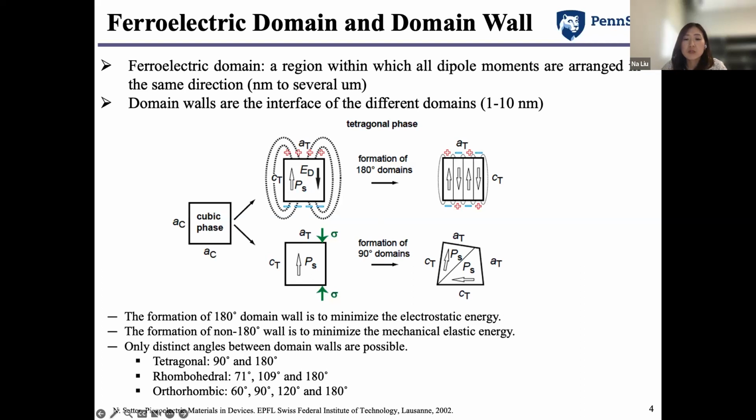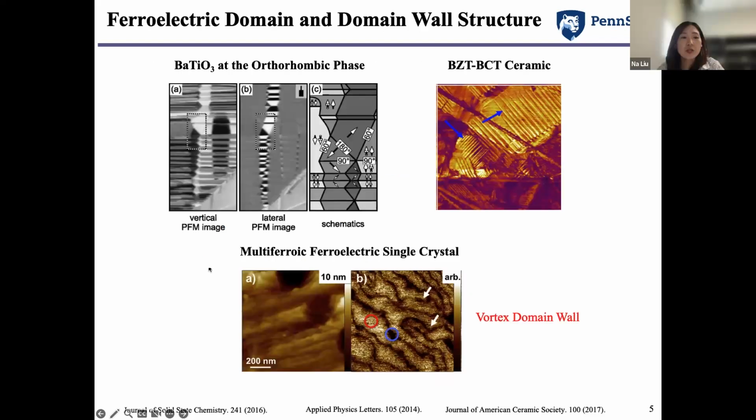In different phases, only distinct angles between domain walls are possible, which are defined by the possible spontaneous polarization axes of the crystal phases. So for each phase in the ferroelectric, the different domain walls are written here. Here are some domain patterns characterized using piezoresponse force microscopy in different ferroelectric systems.